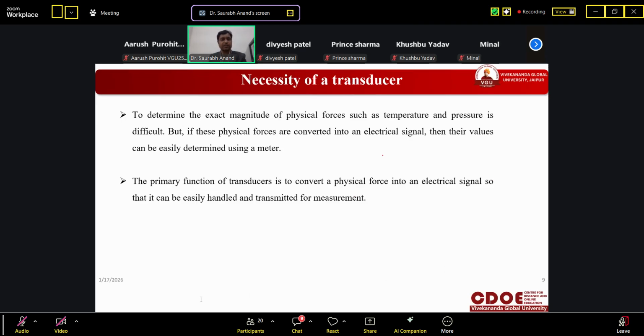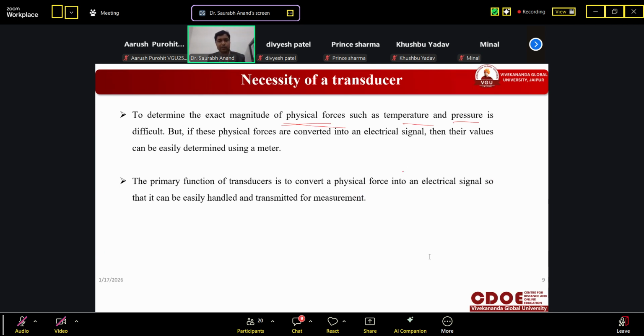So necessity, you have already understood that we want the exact magnitude of physical forces like temperature, pressure, forces, right? So how much temperature is there, what is the pressure at this moment, how can we know that? Okay, so it should be converted into that form that we can understand, that we can see.